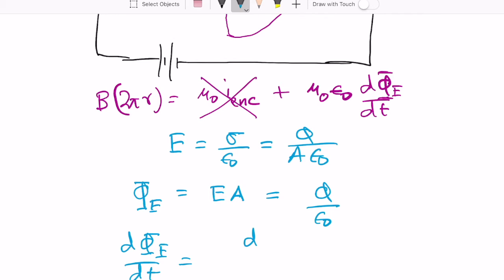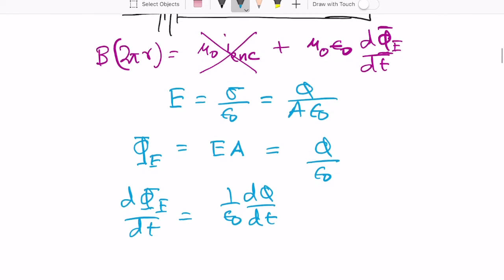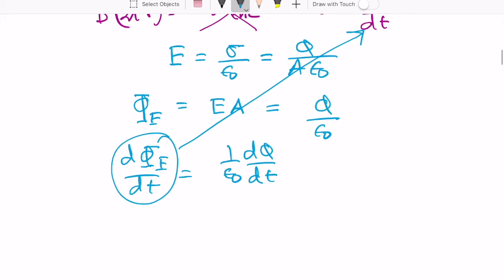All right, so d phi_E dt is just dQ dt over epsilon 0, right? So we found the d phi_E dt. Then we can plug this d phi_E dt right in over here, and let's see what that gives us.